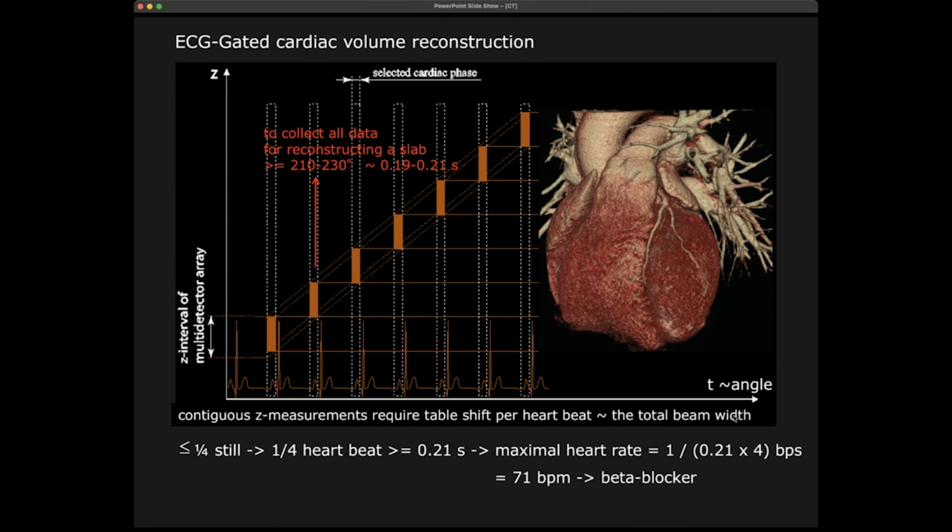And when we want to determine where we are in the cardiac cycle, obviously the most straightforward or the easiest way to do that is based on the ECG. So if we measure an ECG and we look at the morphology of the ECG, we know where we are in the cardiac cycle.